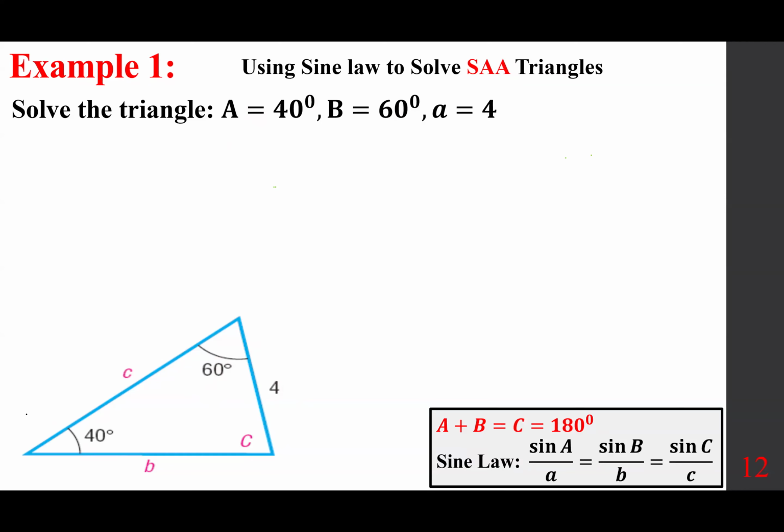This is A, B, and this side is C, capitals. So obviously, we have two angles, subtracted from 180, you get the third angle. This is the fastest way to start it. So 180 minus the sum of those two. This is 100, that's 80 degrees, so we found this one. That's very easy, everybody.